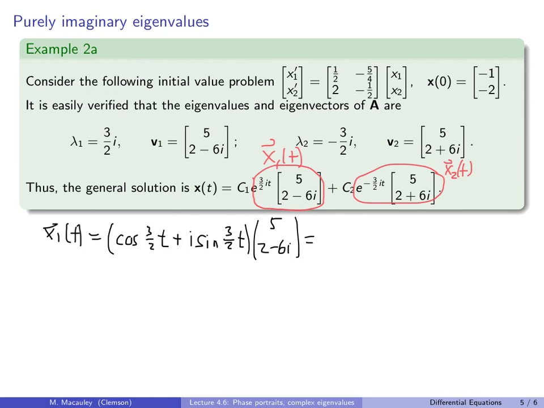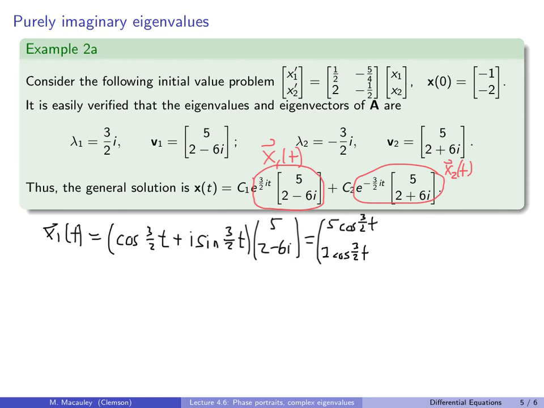Now let's write that into its real and imaginary parts. The real part on top is this cosine term times 5, so 5 cosine of 3/2 t. Then the real part on the bottom involves this times this, which is going to give us 4 terms using the distributive law. 2 times that is going to be a real part, so that's 2 cosine of 3/2 t.